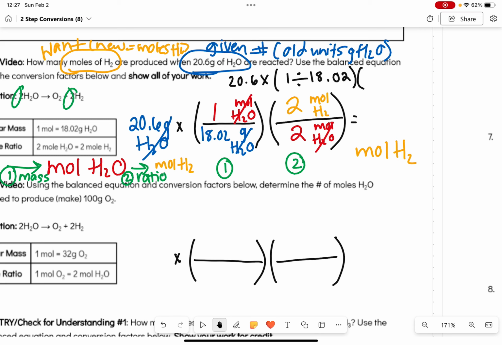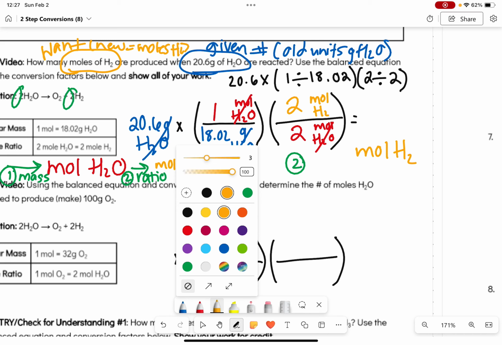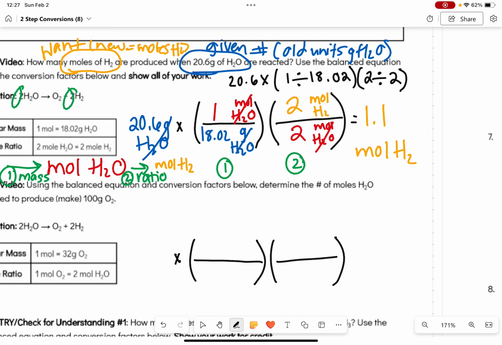Just type in another parenthesis, 2 divided by 2, and then close your parentheses, then hit enter. When you do this problem, your answer will come out to be 1.14 moles H2.